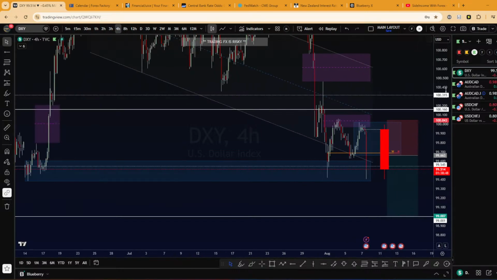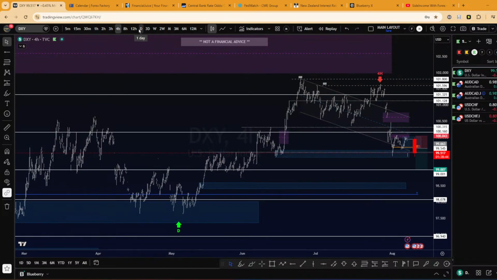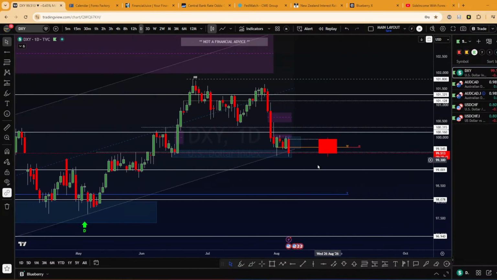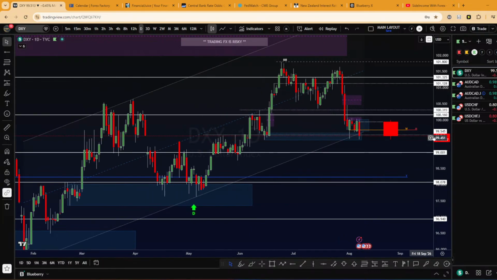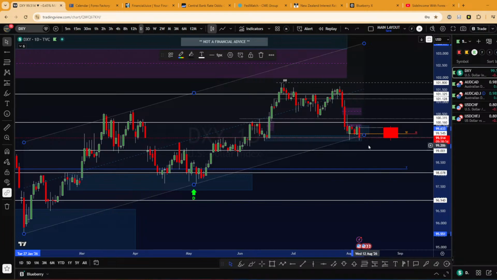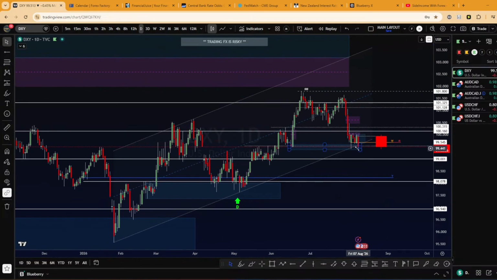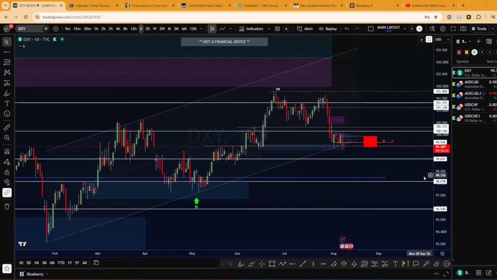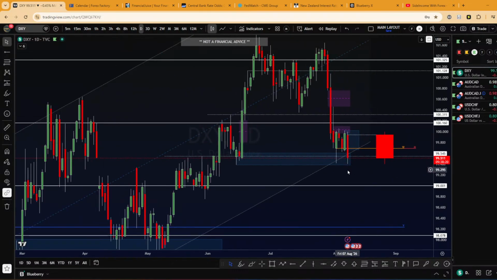Yeah, we are holding around the bottom of the channel. Let me drag it a little bit for you. You see, price seems like we are holding at the bottom of the channel, so I want to see a full break to continue to target this level.